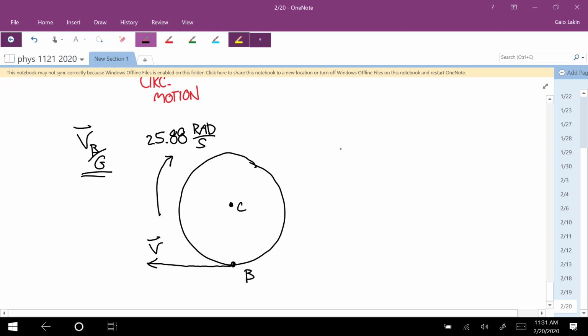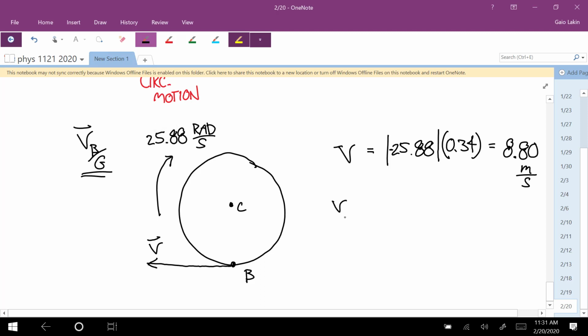The magnitude is going to come out the same as it did for the top point. That's going to be the absolute value of omega, negative 25.88, times 0.34. So we get a magnitude of 8.8 meters per second.